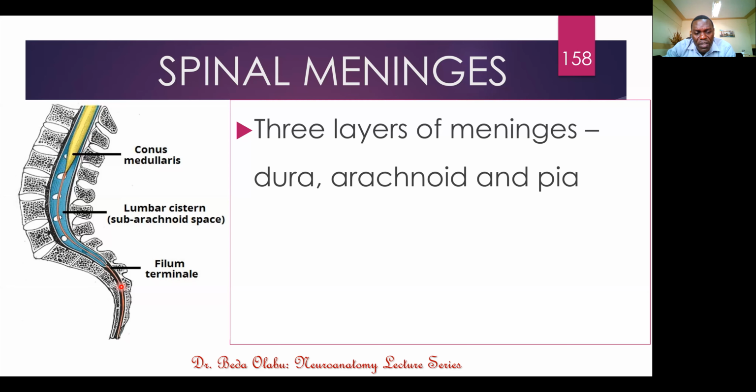But that pia mater will now be like a string. That string of pia mater that extends below the conus medullaris is what we call the terminal filum. You can call it in Latin filum terminale. It's the extension of the pia mater beyond the level of the conus medullaris.